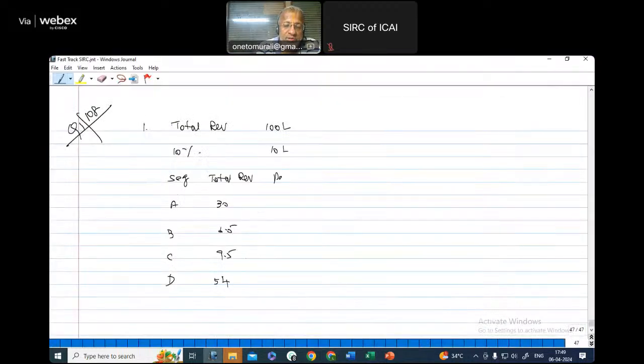So, 10% revenue test: yes, 30 lakhs greater than 10 lakhs. No, 6.5 lakhs less than 10 lakhs. No, 9.5 lakhs less than 10 lakhs. Yes, 54 lakhs greater than 10 lakhs.